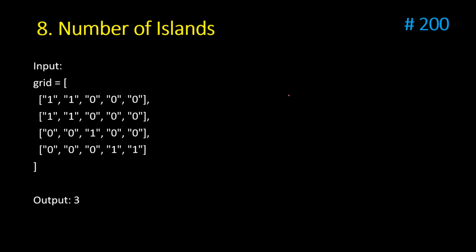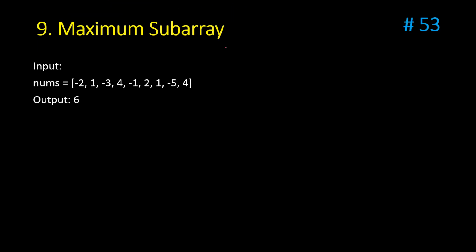Let's see the next problem. It's called maximum subarray. This is the initial array, which will have positive and negative numbers. If all numbers are non-negative, then the maximum subarray would definitely be the entire array. But we have negative numbers also. So maybe this part is, let's say, 10. Then we have minus 5. And let's say the sum of this subarray is 6.